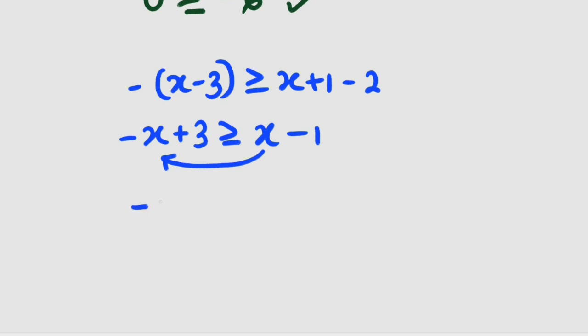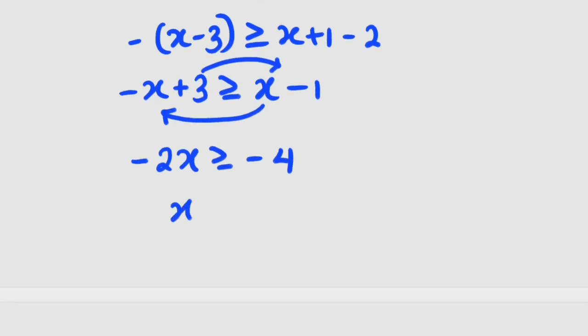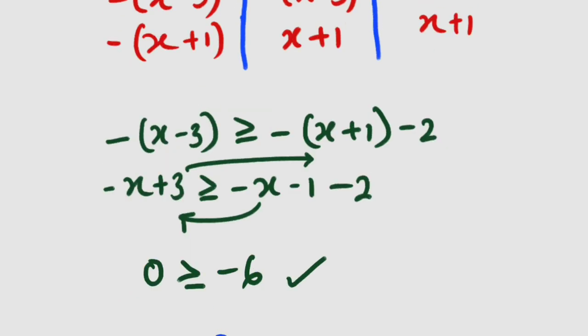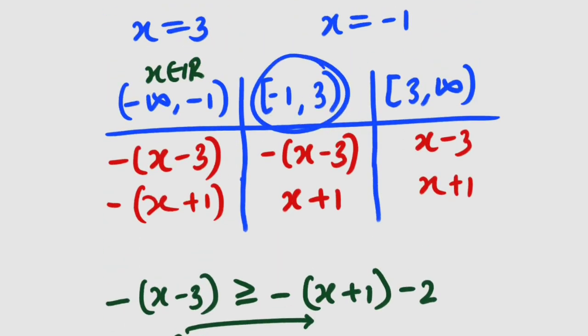Negative x minus x is negative 2x, greater or equal to, if you take this to the other side, it becomes negative as well. Negative 3, negative 1 is negative 4. You divide both sides by negative 2, and this will be less than or equal to positive 2. Remember, the direction of the inequality will change whenever you divide or multiply both sides of an inequality by a negative value. So we have x less than or equal to 2. Is x less than 2 within the interval? This is the interval we have. Yes, it is within that interval. x less than or equal to 2.